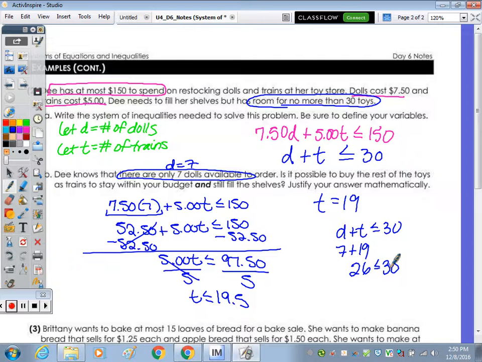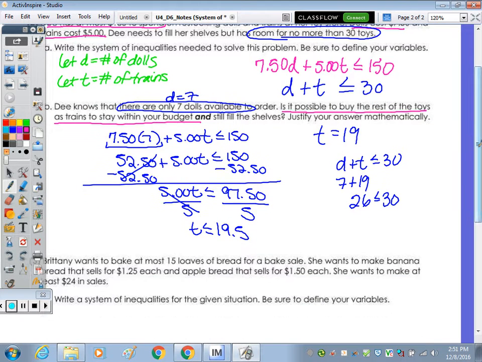So to answer the question, the first part said, is it possible to buy the rest of toys as trains and stay within our budget? Is that the yes or no? Yes. So yes, she'll stay within her budget.